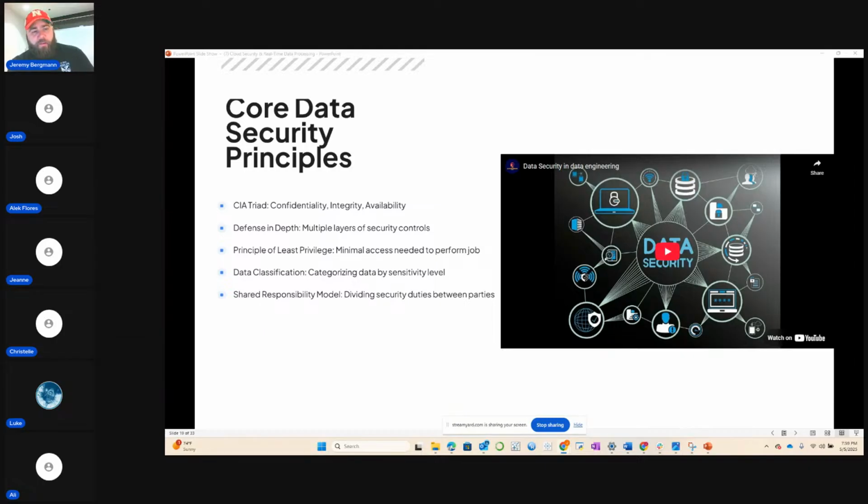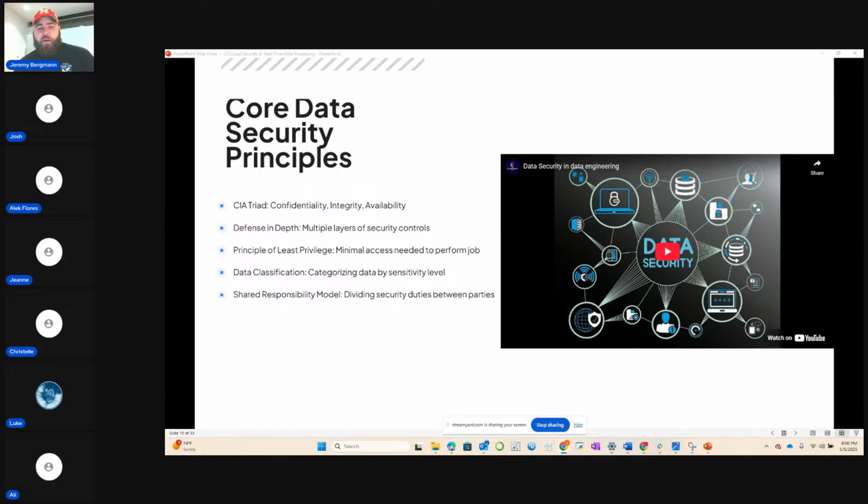You have the principle of least privilege. This is what I was talking about. Just giving people the minimal access needed to perform their job. Sometimes that shifts and you have to adjust, but not giving them access to the entire world of data. People could potentially do something with it, or it might be sensitive and not really be their business.